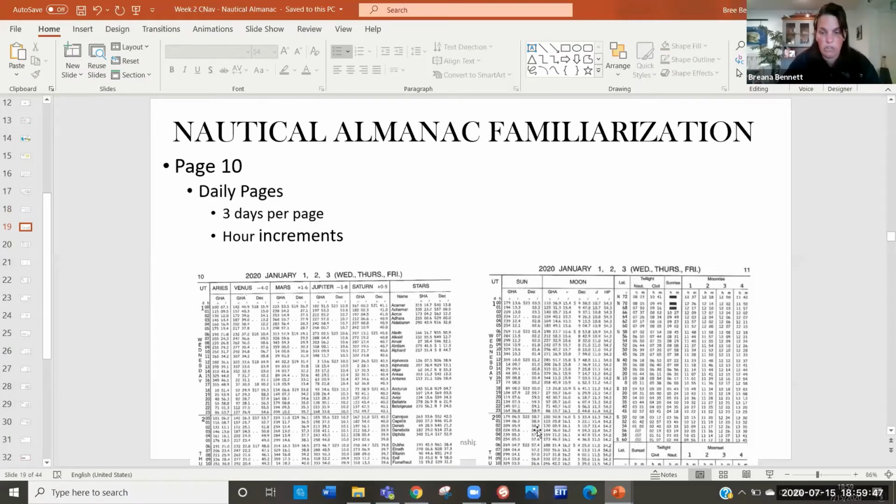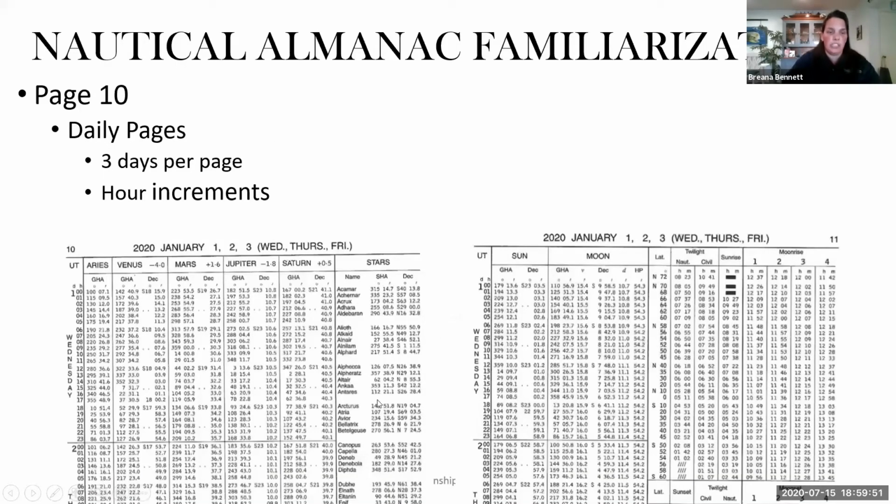Okay, so our increment pages, daily pages. There's 2 sides to each page, but each spread covers 3 days. So we have January 1st, 2nd, and 3rd on both of the pages. And then the hour increments are in universal time, which is GMT.